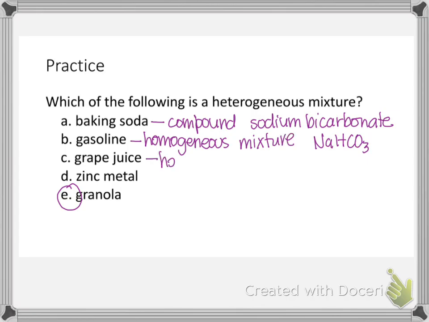Grape juice is a homogeneous mixture. And zinc metal is an element. And zinc has the symbol Zn. So again, the more you expose yourself to these things, the easier it becomes to answer questions on homework and exams and just get a better, broader knowledge.